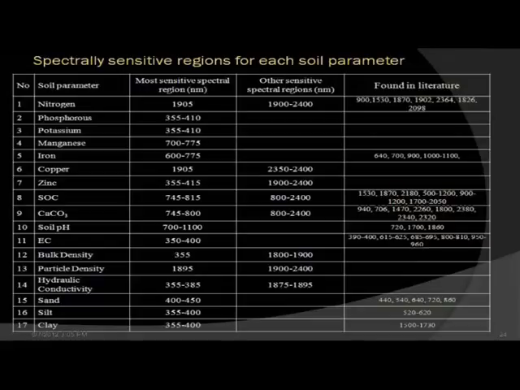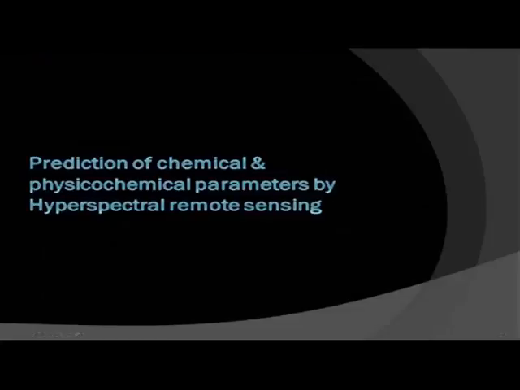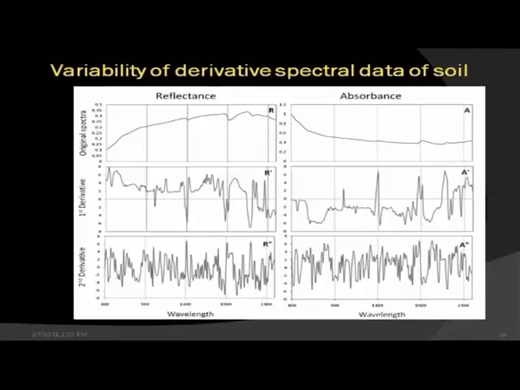In the literature, some attributes are reported with respect to spectral regions, some are not. We could report over here for all 70 spectral parameters, based on which we look at those sensitive bands and develop the prediction models.